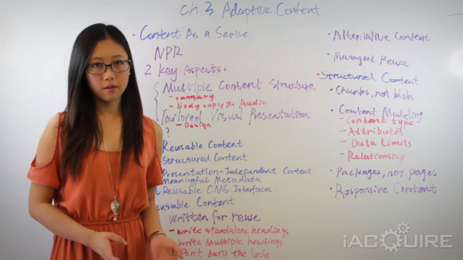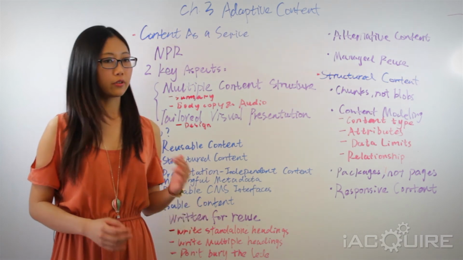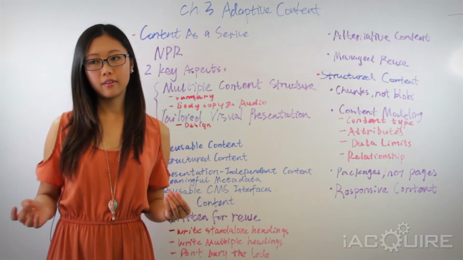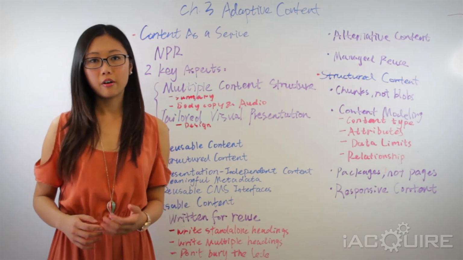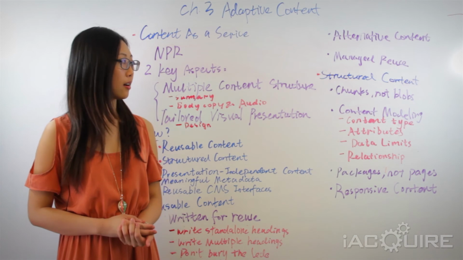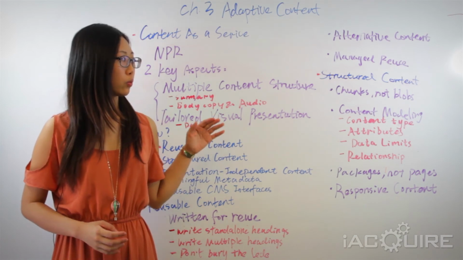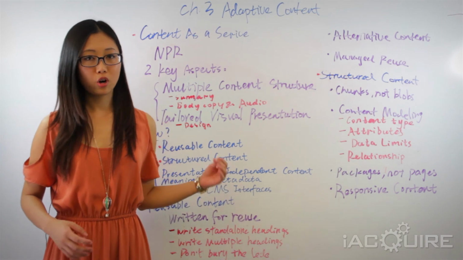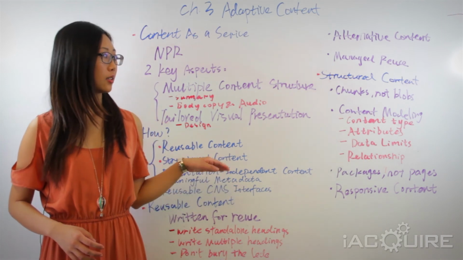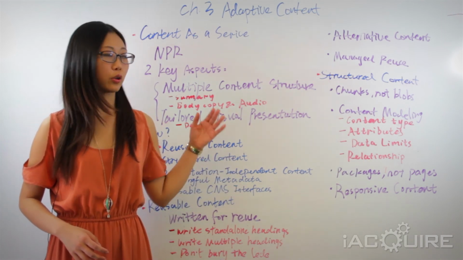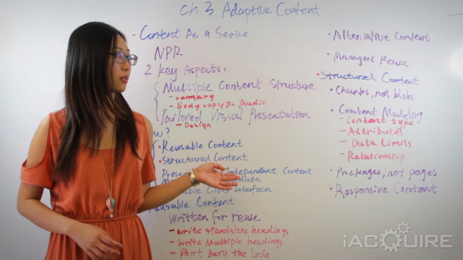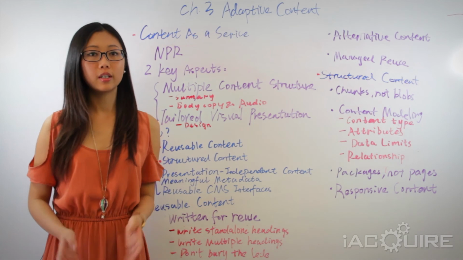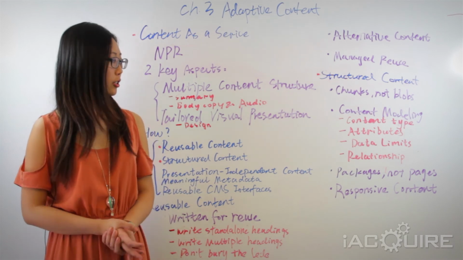And the relationship is the relationship between different articles. Can they be shared? Do they have similar characteristics and stuff like that? So the idea behind content modeling is to structure content depending on your content type, attributes, data limits, and relationship to make everything more well structured.